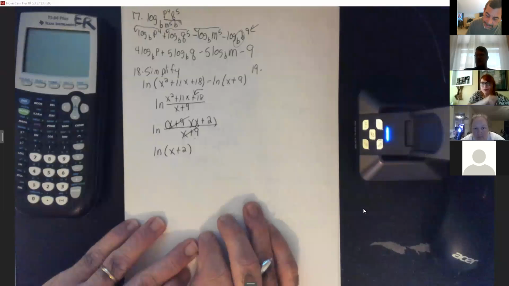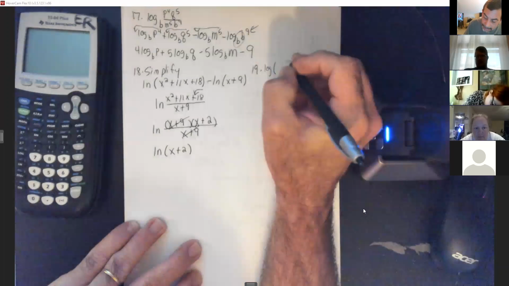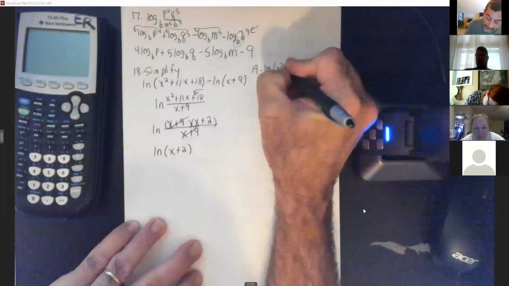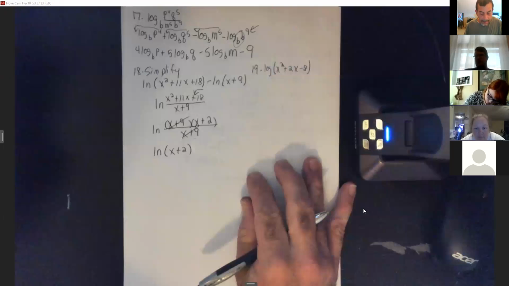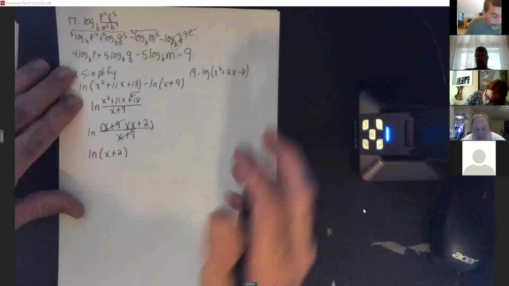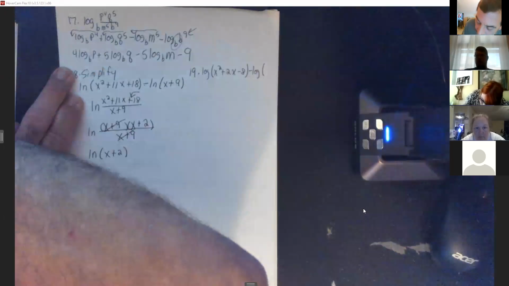All right, 19 is the same thing. Log of (x squared plus 2x minus 8). I'm going to bring that over. That's minus log of (x squared minus 16).